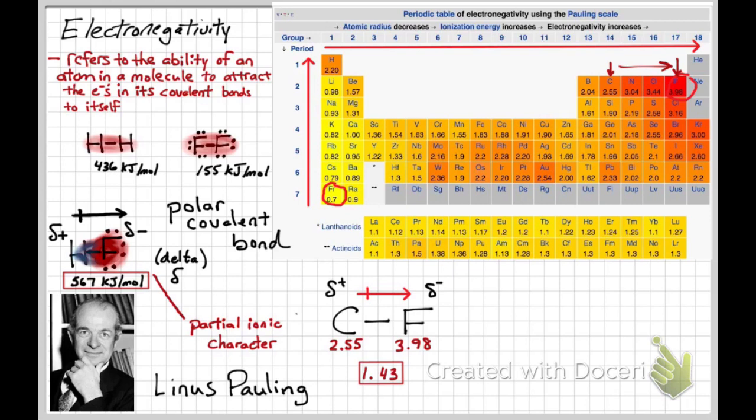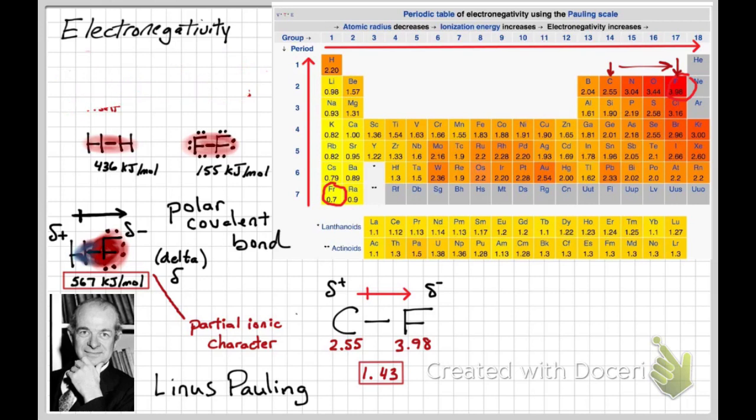In general, you can just use the position on the periodic table to determine if a bond is polar or not. However, sometimes it is useful to actually look at the difference in electronegativity to judge how polar a bond is, or to categorize it.